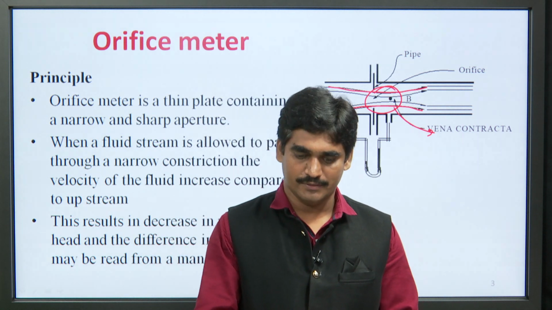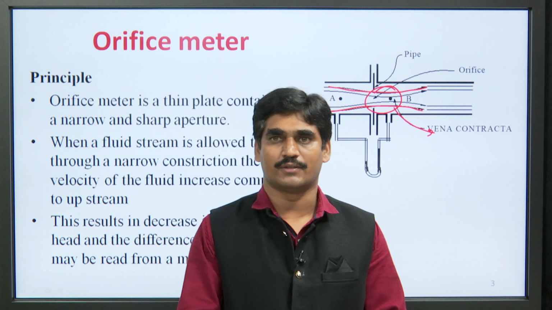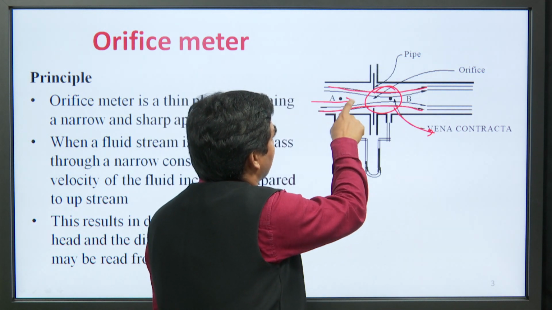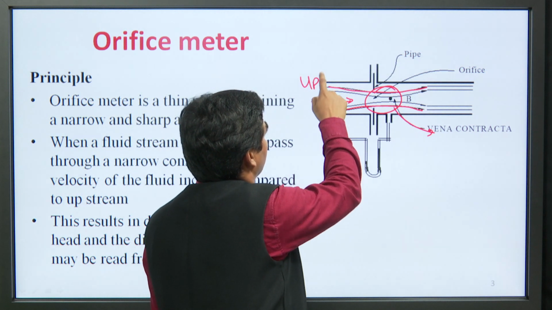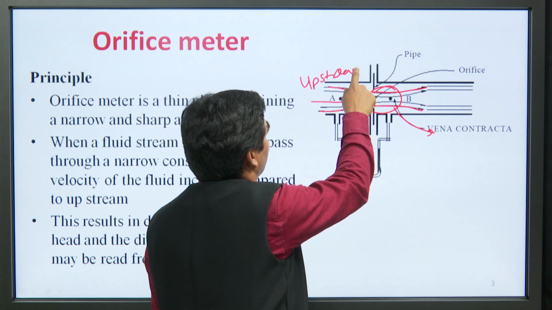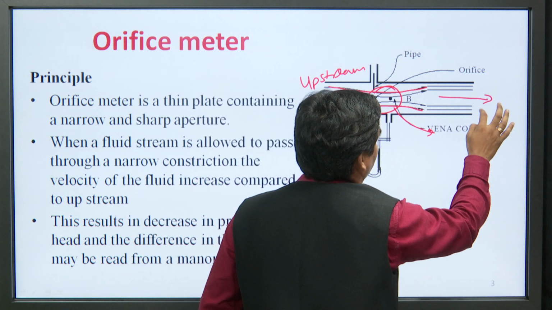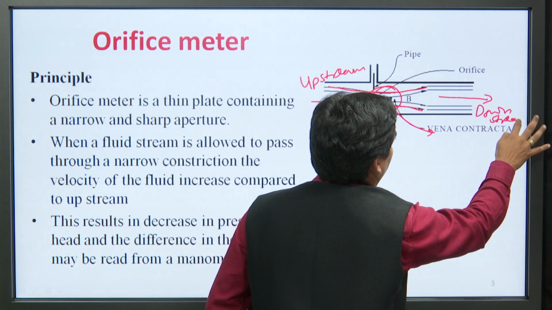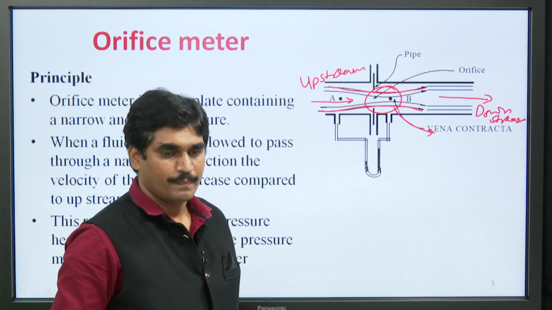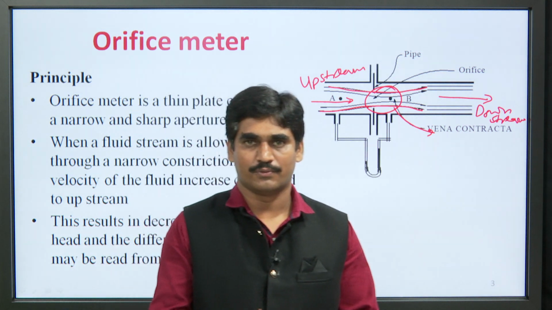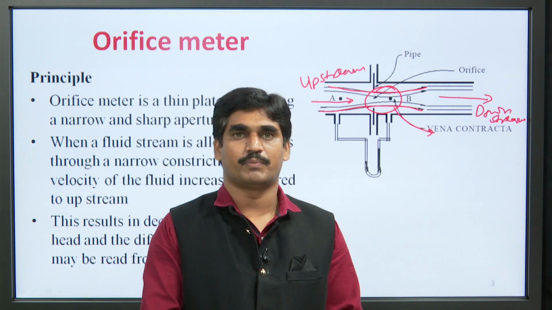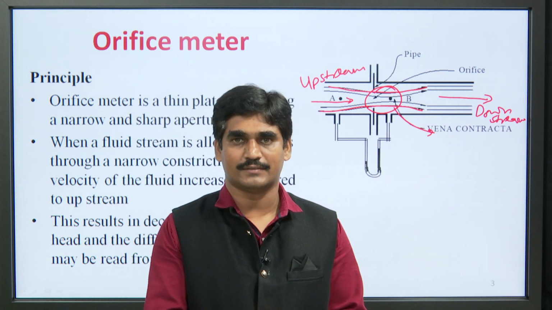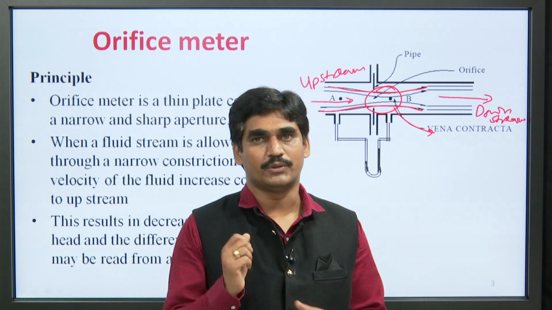When a fluid stream is allowed to pass through this narrow constriction, this is upstream, this side is downstream. So, when a fluid stream is allowed to pass through this narrow constriction, the velocity of fluid increases as compared to upstream.